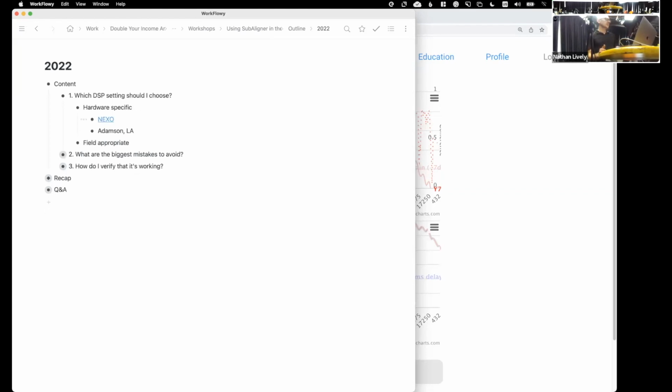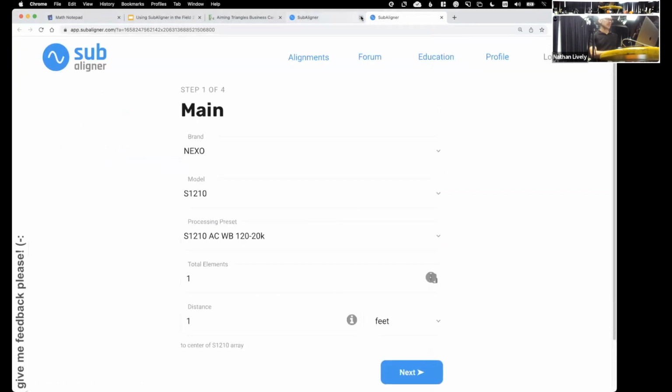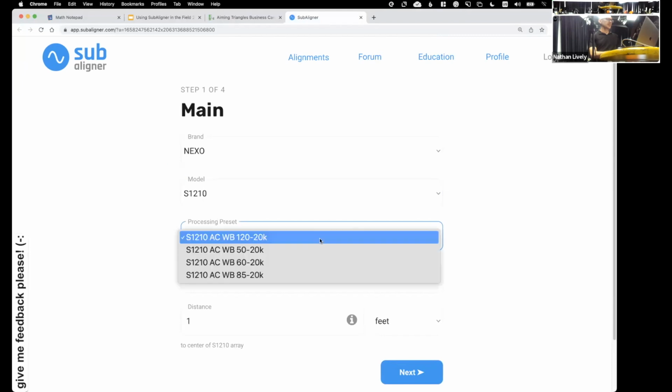Some other information you might use to choose a DSP preset is hardware specific. Nexo might be an example of that. With some speakers like Nexo and Adamson, you can run the speakers with their amps or their processors, or somebody else's amps and processors.